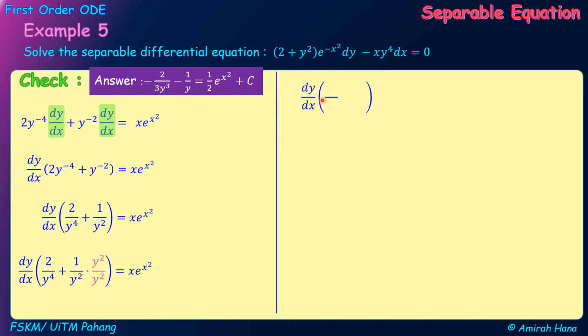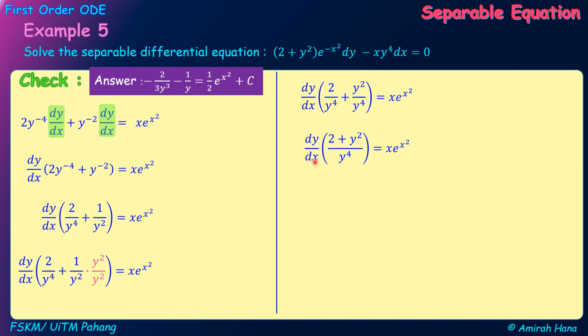So after that, we have dy over dx times 2 over y to the power of 4 plus 1 times y squared over y squared times y squared, which equals y to the power of 4, right? And then equals x e to the power of x squared. Now we have the same denominator, so we can combine the fractions. We can write dy over dx and then in the bracket 2 plus y squared in the numerator and then over y to the power of 4, equals x e to the power of x squared.